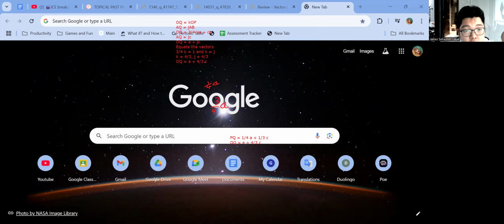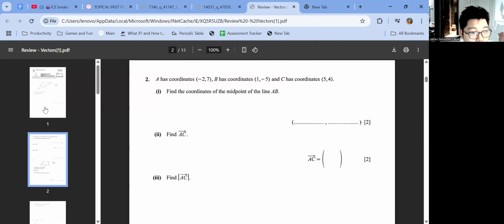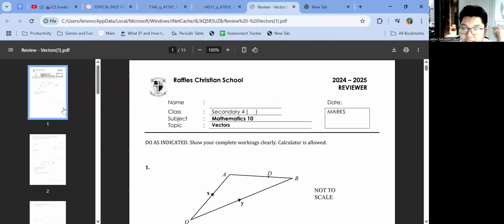Now I'm going to continue with an application of vectors that you will also see in 0580.